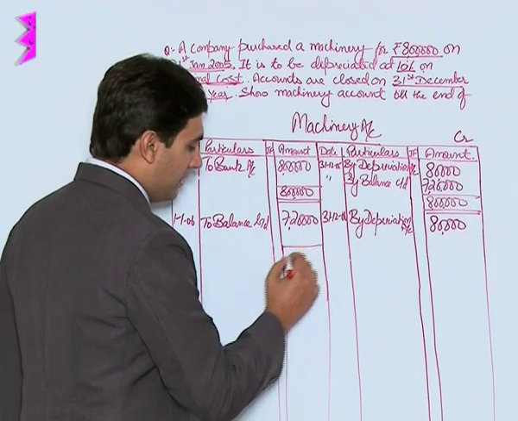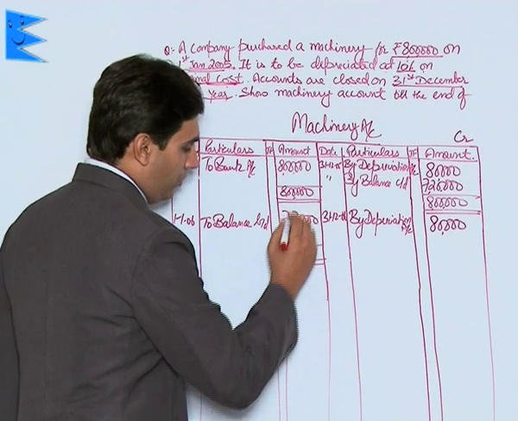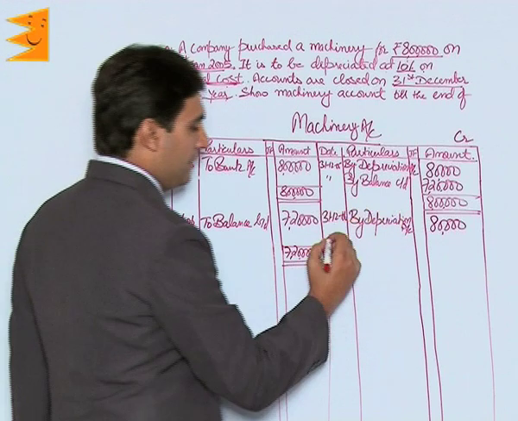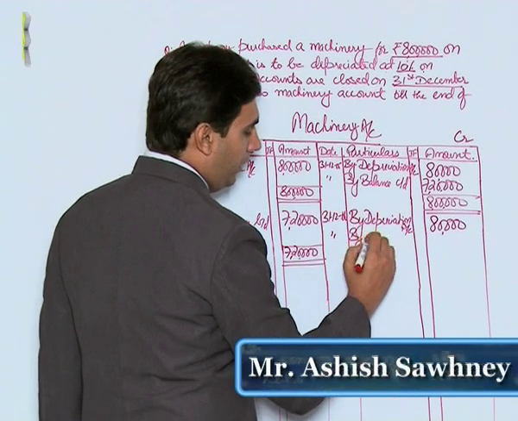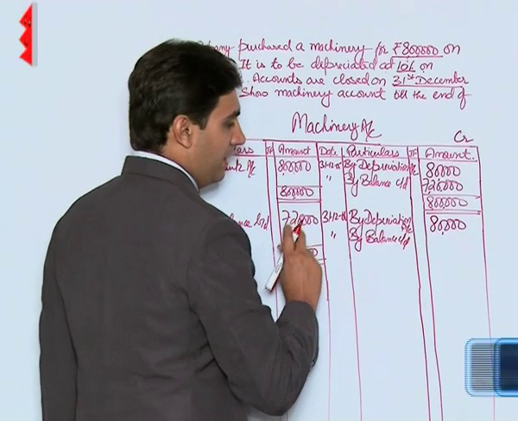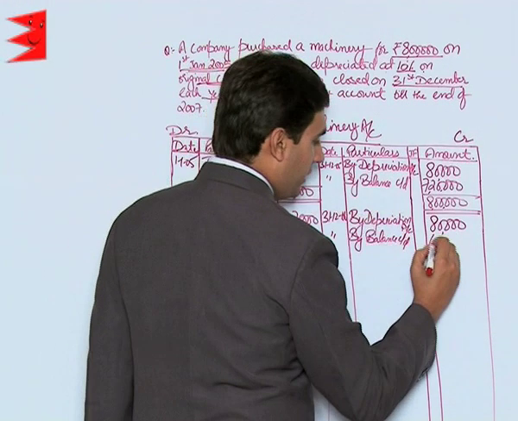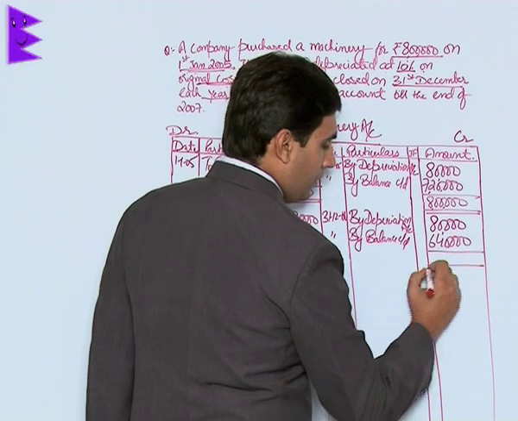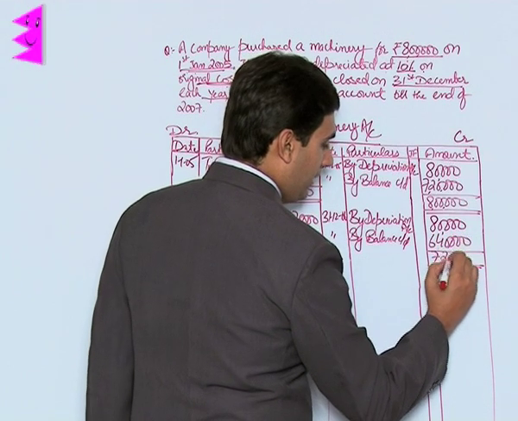Again, since this is the last date, we need to balance out the account. The total on the debit side is 7 lakh 20,000 minus 80,000. It would be by balance carried down. 7 lakh 20 minus 80 is 6 lakh 40,000. The total on both the sides is 7 lakh 20,000.